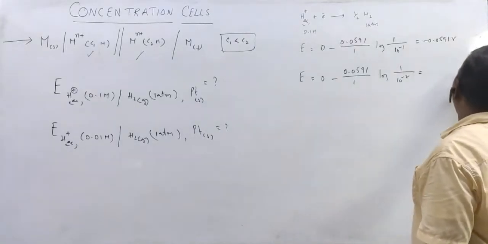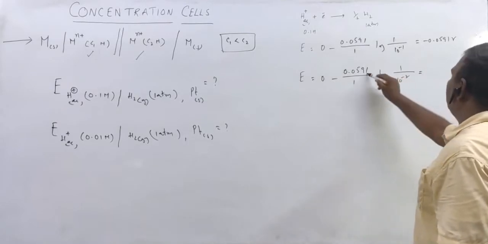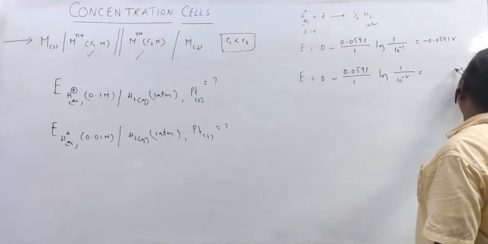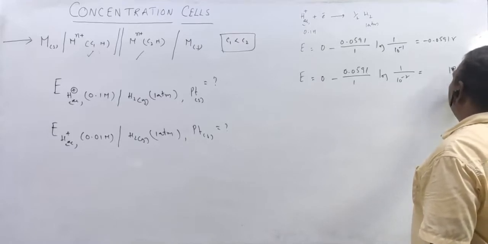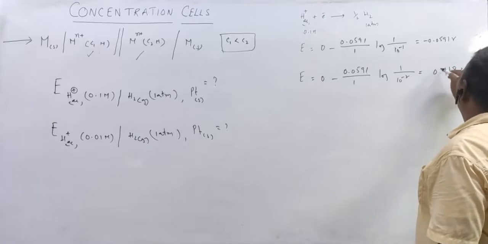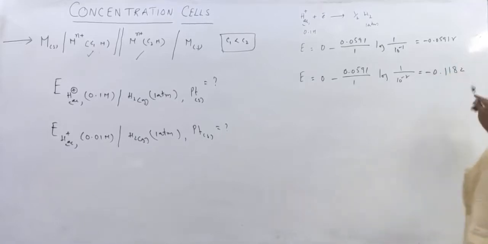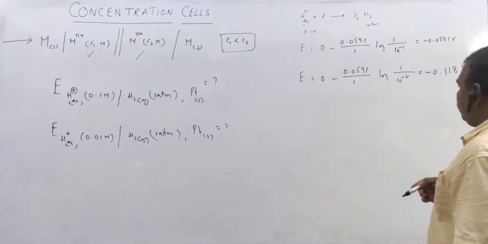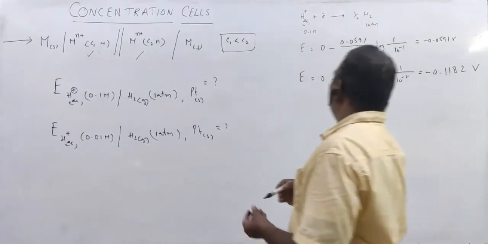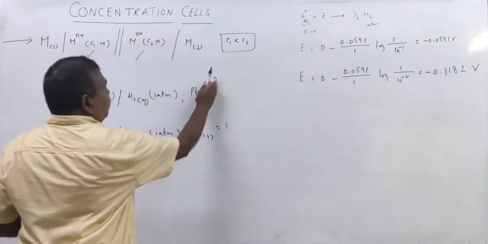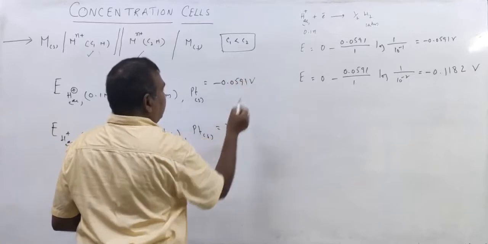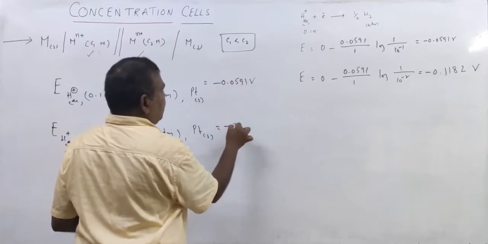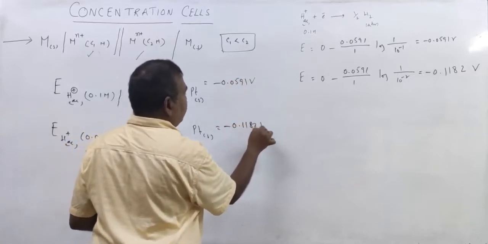So, it is minus 0.1182 volts. Now, this is minus 0.0591 volts and this is minus 0.1182 volts.